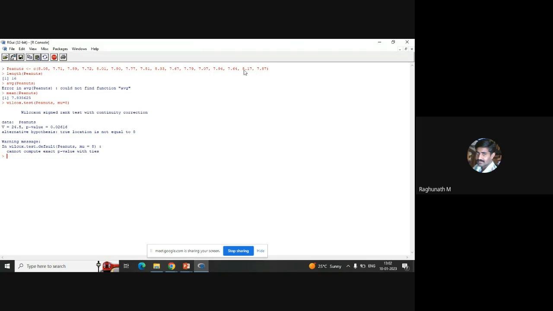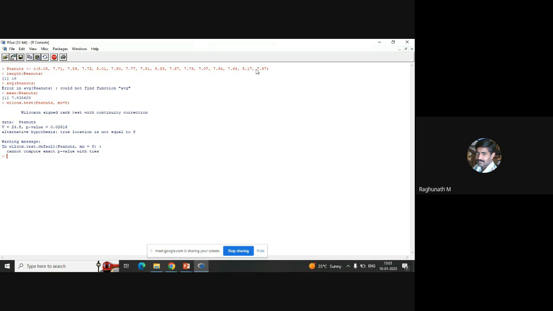It will consider only those ranks of observations which are exceeding 8. That is 1, 2, 3, 4. There are only 4 observations which are greater than 8.